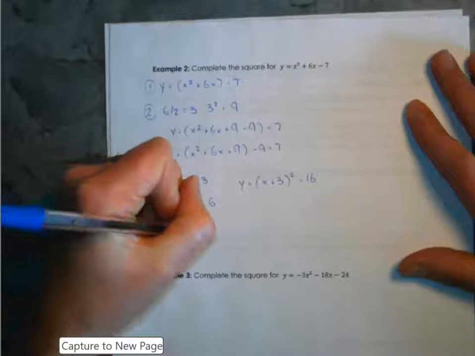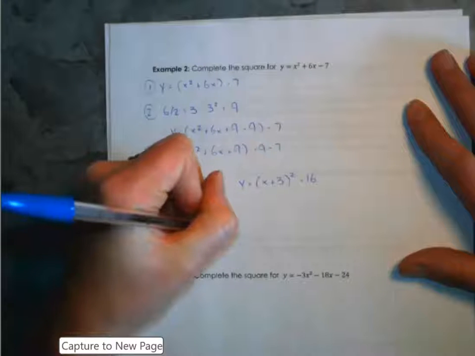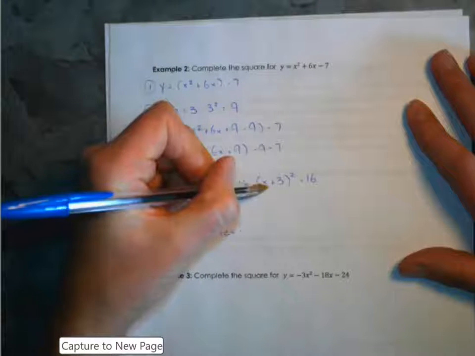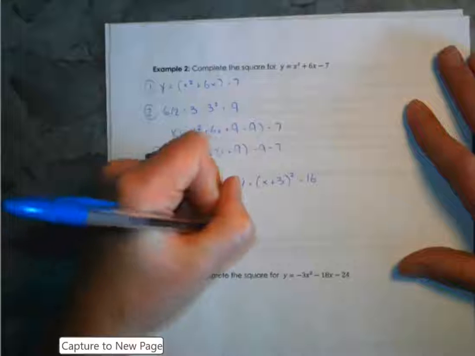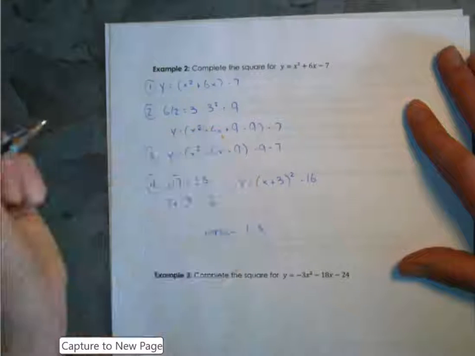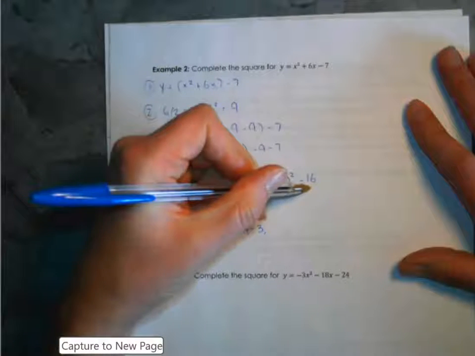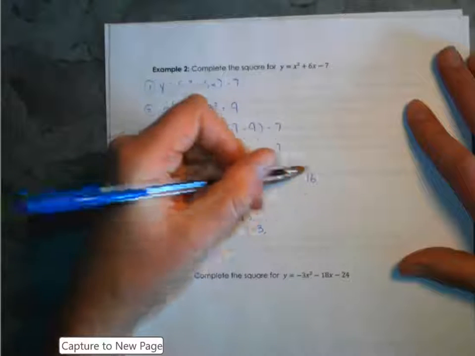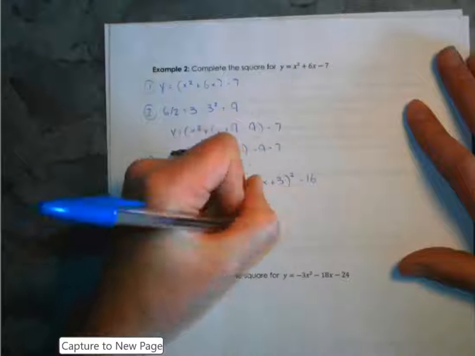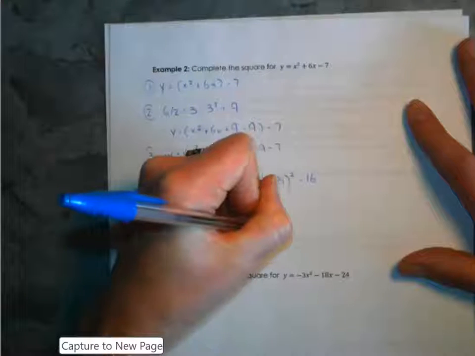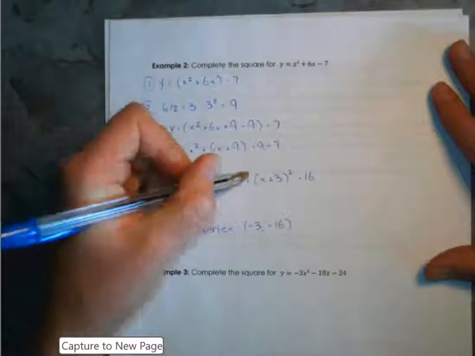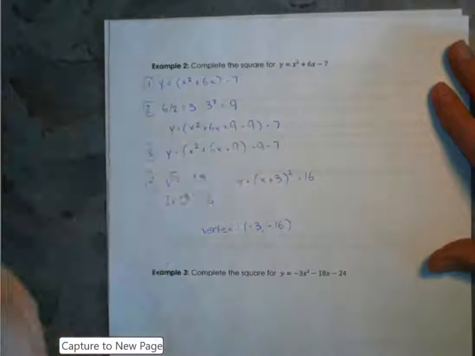Well, we know that our vertex is at, keep in mind, what does this mean? If we have a positive 3 here, that means that we're going to have negative 3 as our x value, but the values don't change for these values here. So for negative 16, our y value is going to be negative 16. Also, we don't have any kind of a negative value out front here for our a value, so we know the graph is going to open up.